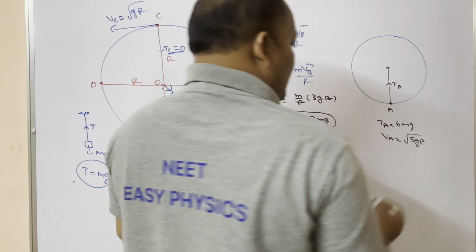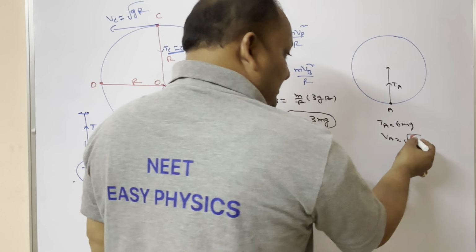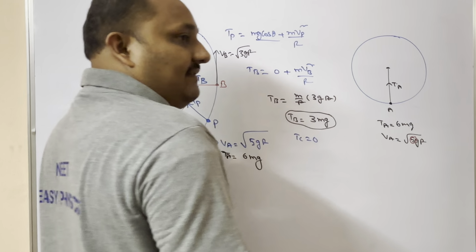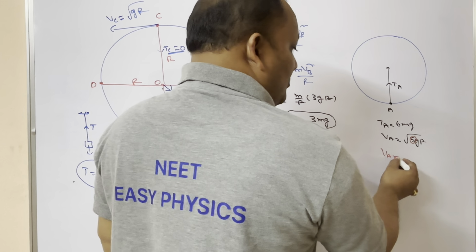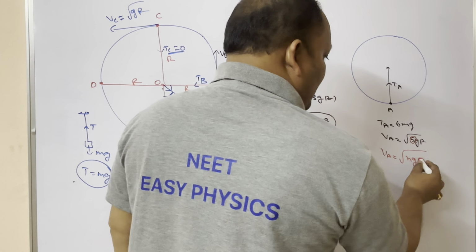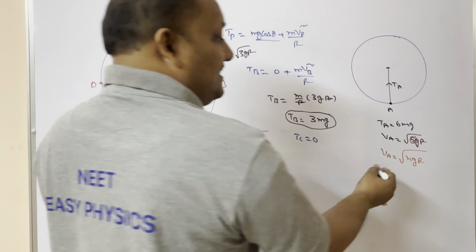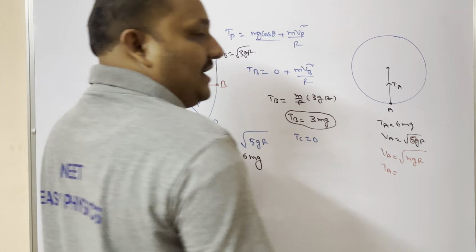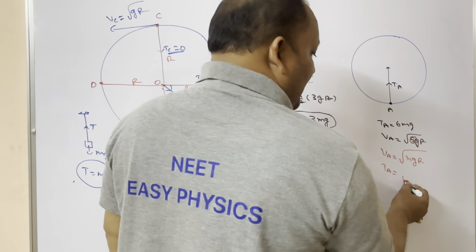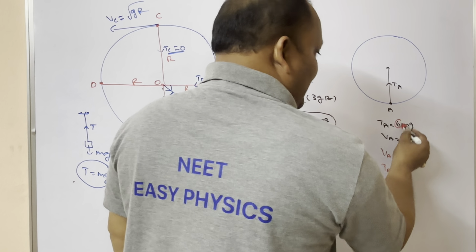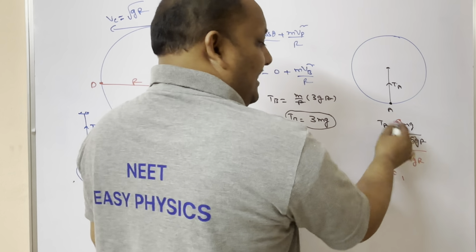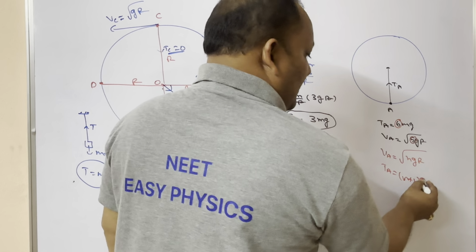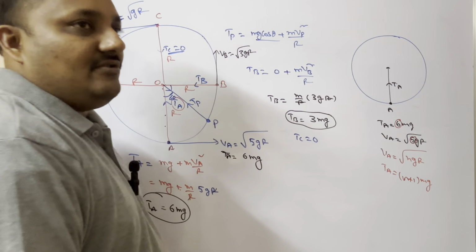Root 5gr. So this value N, they will give. If the velocity at the bottommost point is root NGR, then the tensional force at that point A is going to be N plus 1 mg. Here 6 means N plus 1 mg.